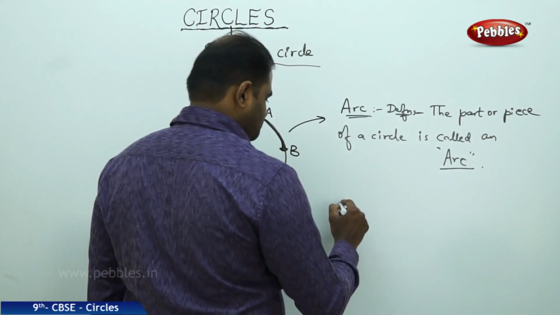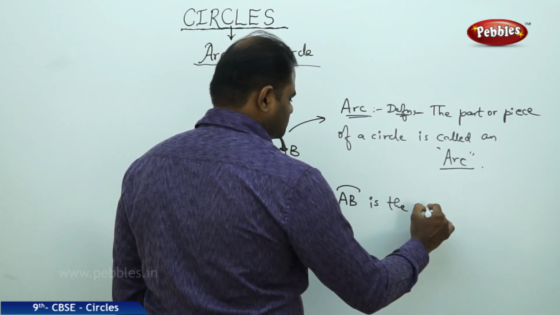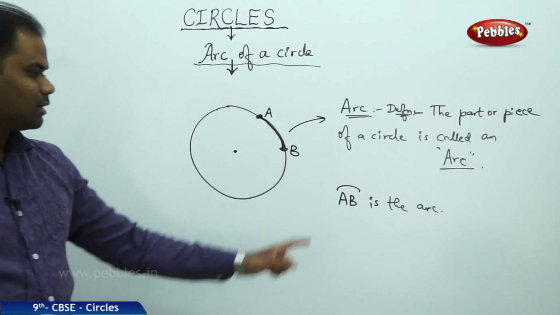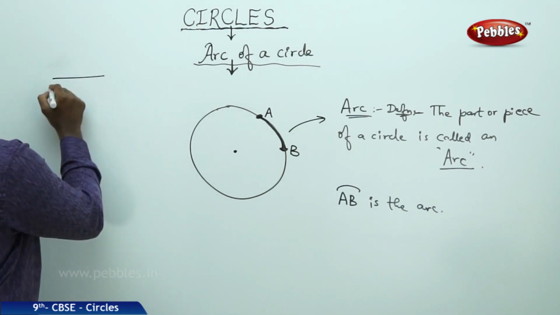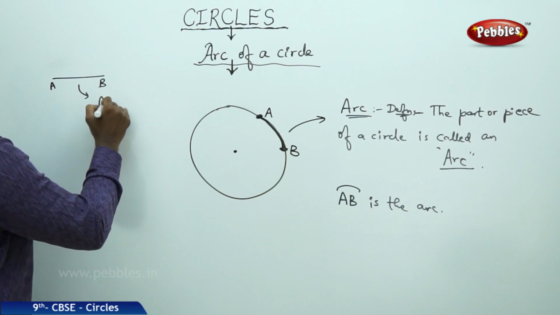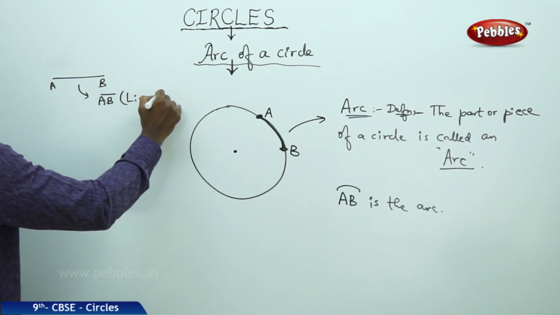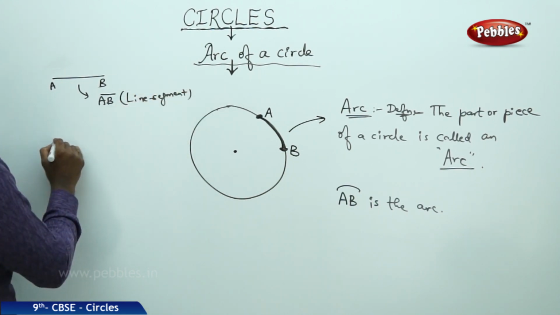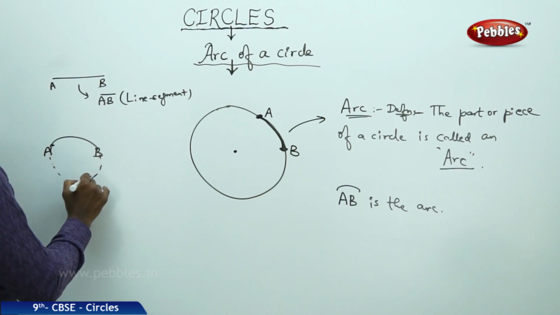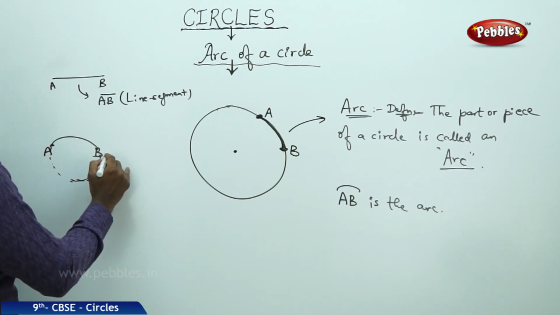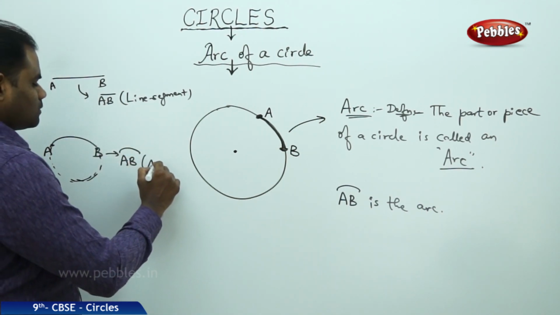So in this case, arc AB is the arc. Note that for an arc, I use the curve symbol, because a line segment AB is denoted by AB, which is called the line segment, and a curve from A to B on the circle is denoted by arc AB, which is called an arc.